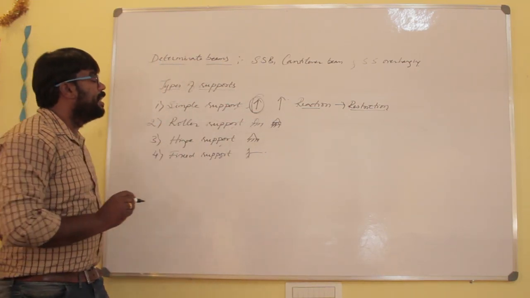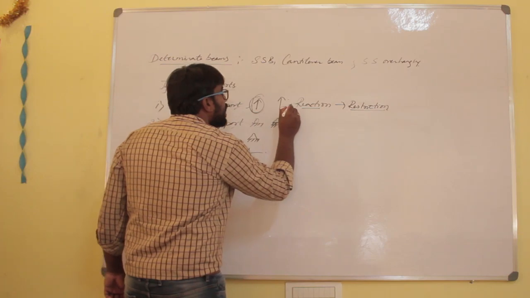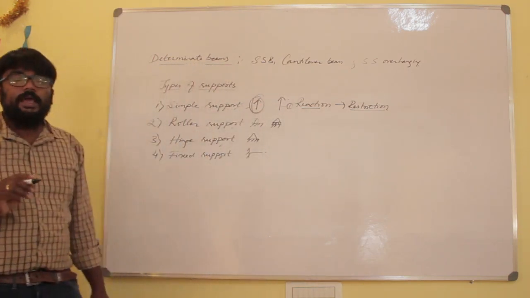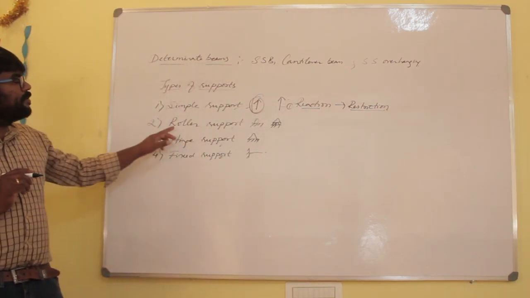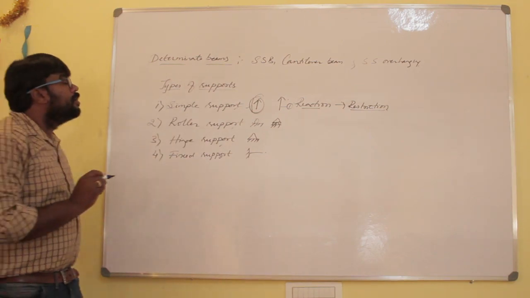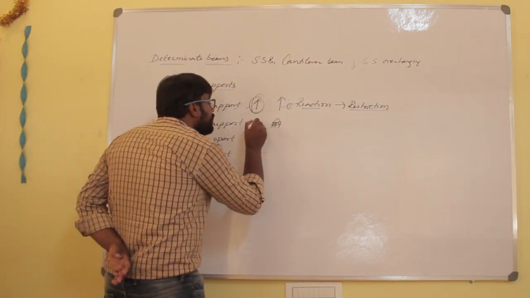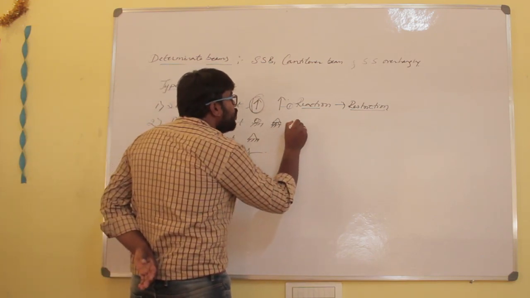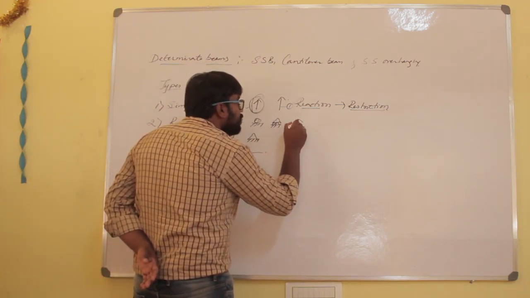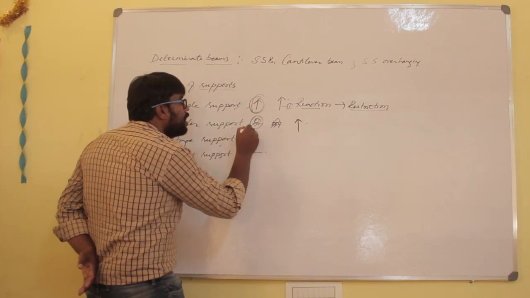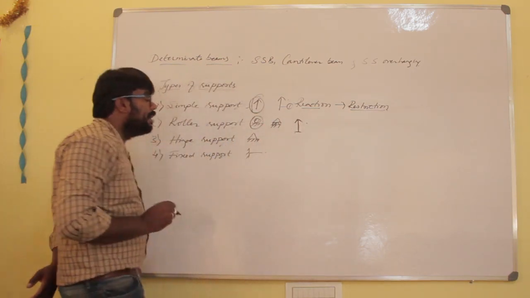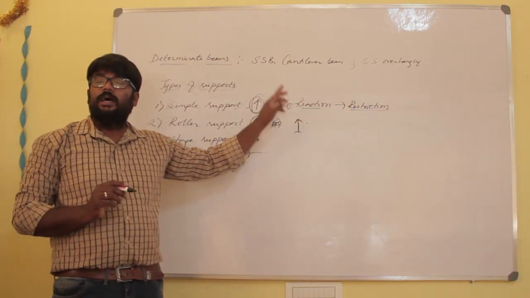Wherever a simple support is there, you will get only one reaction. Whenever it comes to a roller support, again it will restrict only one movement, that is vertical movement. Wherever a roller support comes, you have to represent only one reaction, that is the vertical reaction.